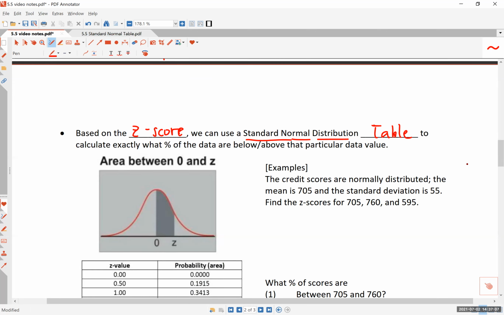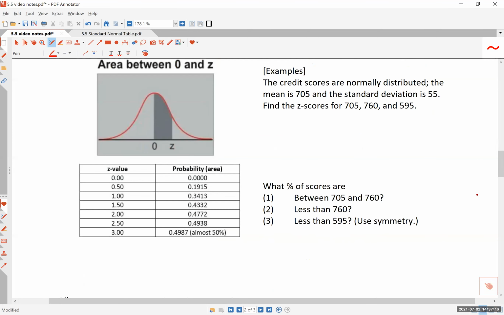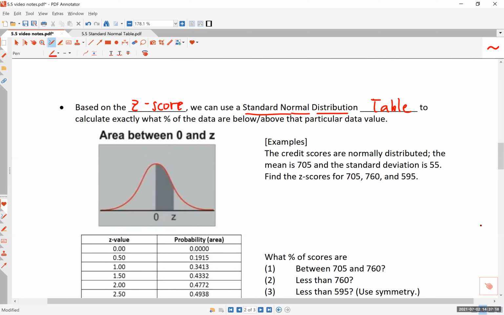You can use this table to calculate exactly what percent of the data are below or above a particular data value. For instance, if credit scores are normally distributed with a mean of 705 and a standard deviation of 55, and your score is 760, what percentile are you in? That kind of calculation can be done using the standard normal distribution table.